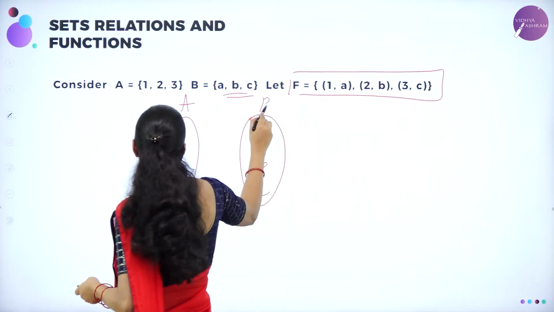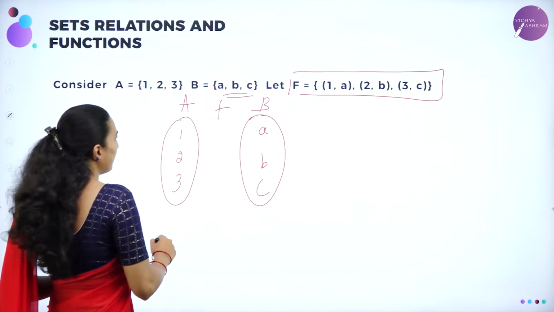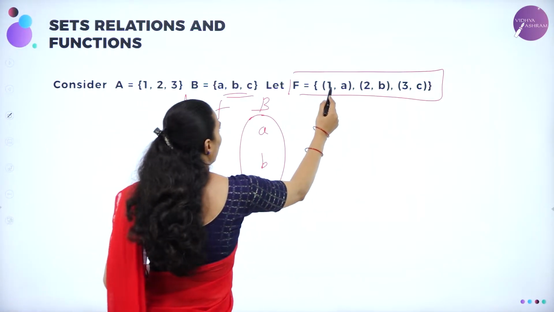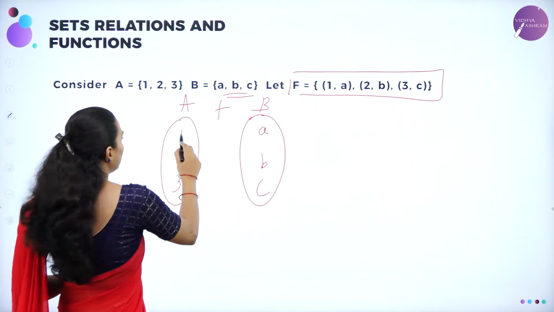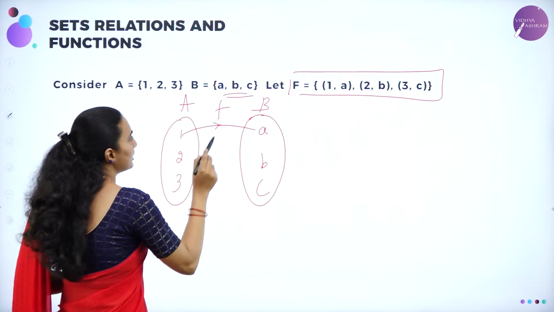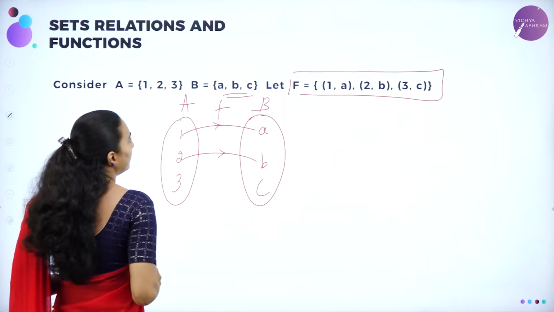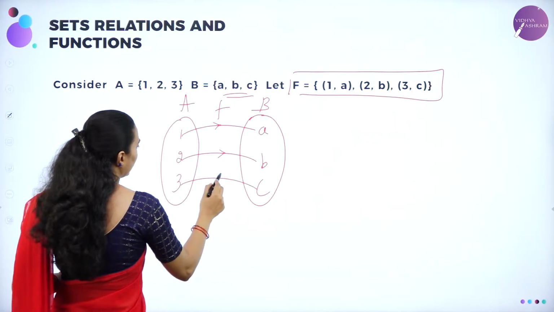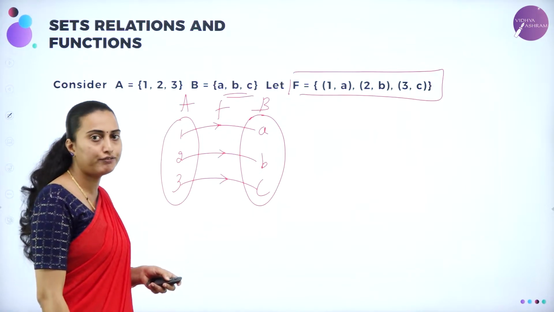So here I have a function from A to B. f of (1, a) means 1 is getting connected to a. Then (2, b): 2 is getting connected to b, and then (3, c): 3 is getting connected to c. This is the diagram of the function.